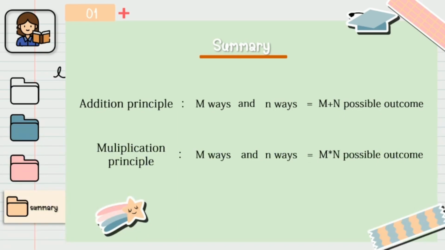The second part, the multiplication principle, is that if there are m ways of performing one step and there are n ways of performing another, there are m times n possible outcomes.